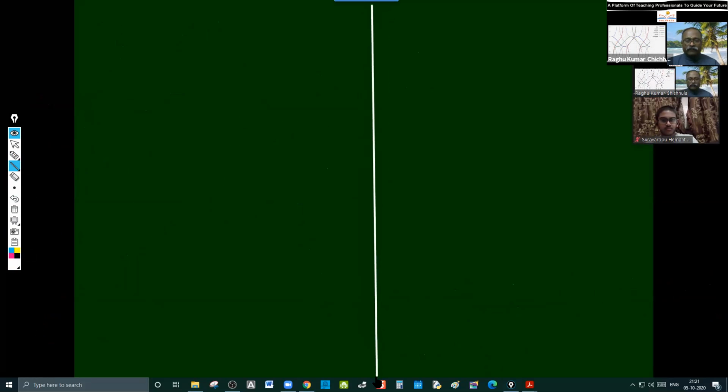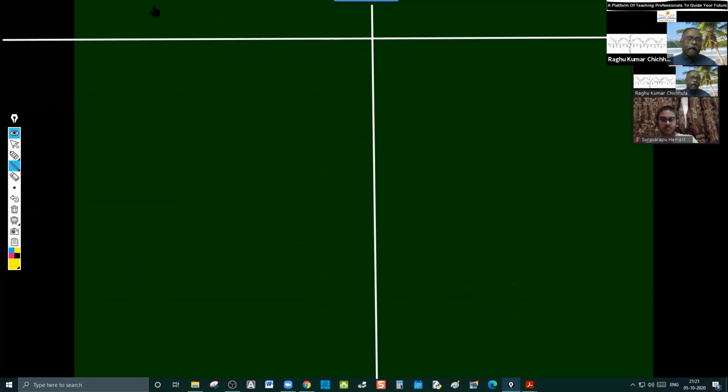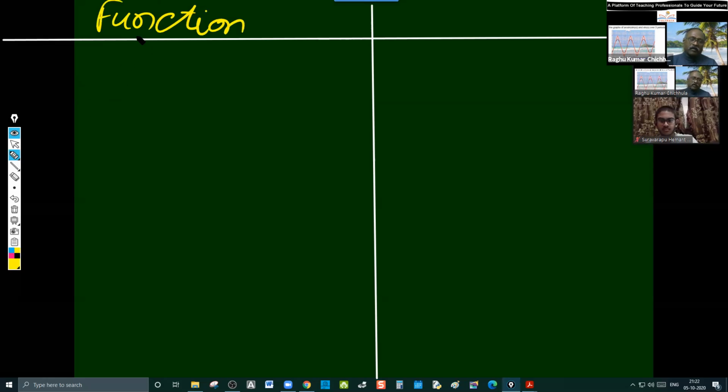Okay, so as you know, there are 6 different trigonometric functions. Among them, the number one is sine x. So this is the function. I'll do one thing. I'll take the similar graphs of the functions first, and then we will move on to the second part of it.